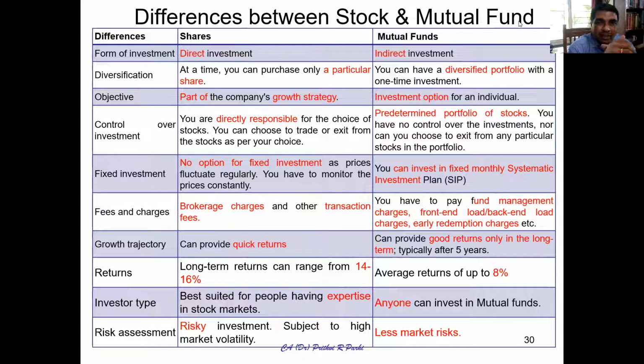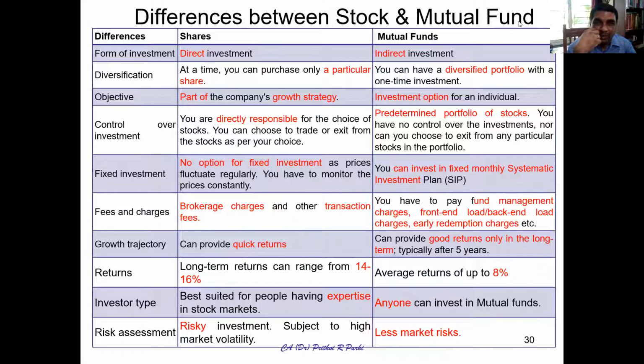And the objective of a share is that it's a part of the company's growth strategy. As an investor, you become a part of the company's growth strategy. If the company is planning to grow, your share value will grow, your wealth will grow. But a mutual fund is an investment option of an individual. You plan out your own scheme. You decide.